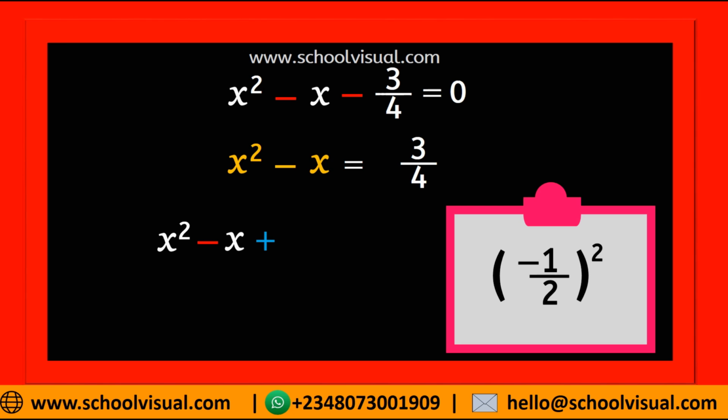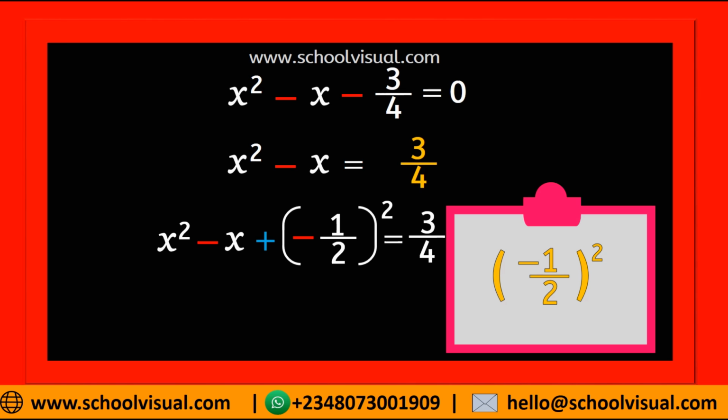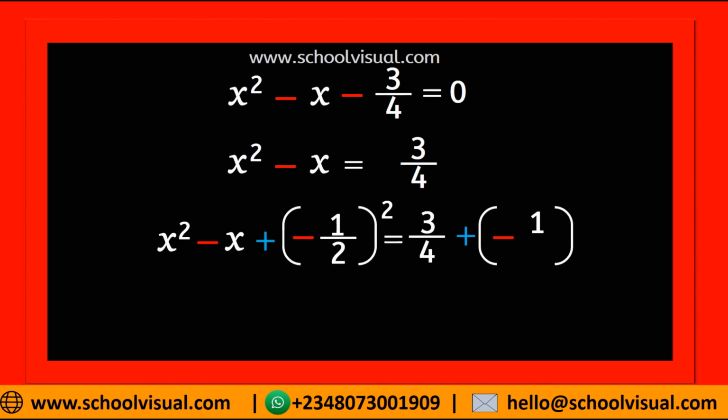Then add what we have over here. We add it. Open your brackets. -1/2 all square equals, write what is here. Then add it. All square.